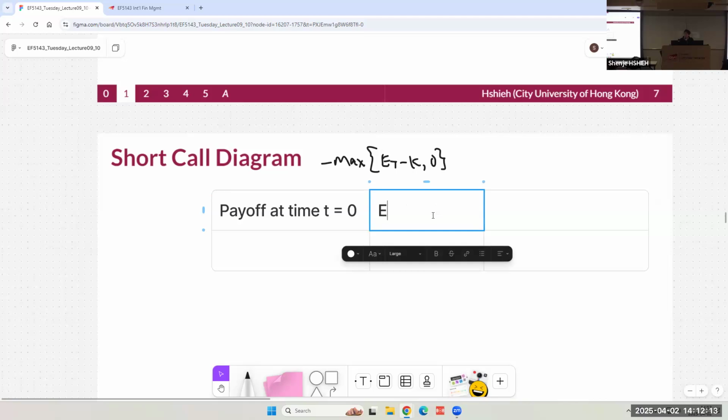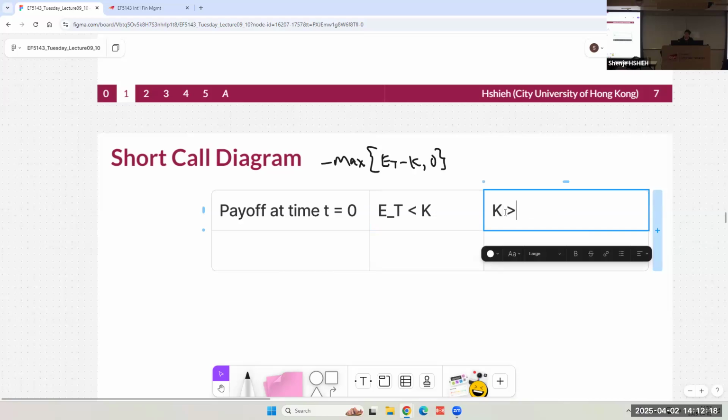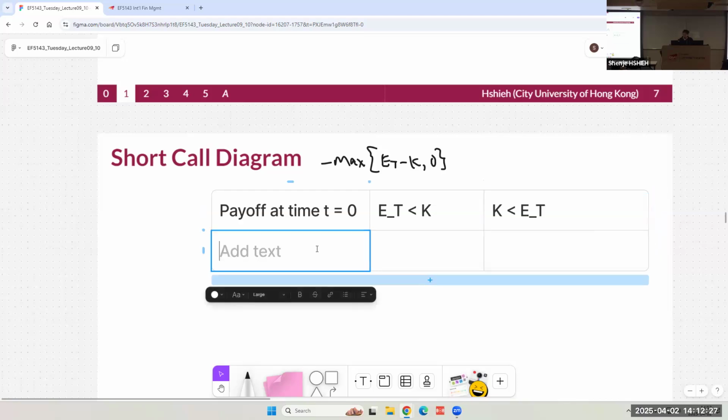Two states of the world: ET less than K, sorry, K less than ET, yep.